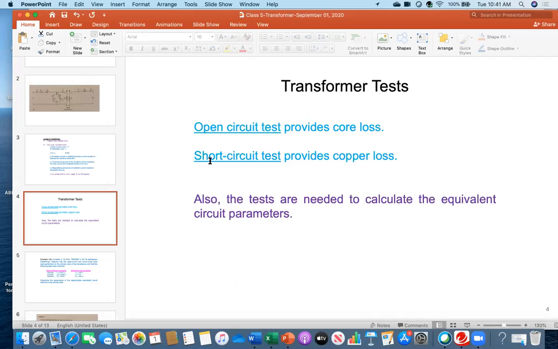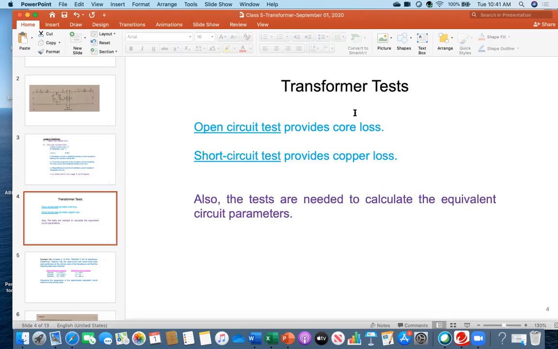Easily you can guess, because in the short circuit test I made the secondary shorted, and short circuit means related to the current. Open circuit means there is no current on the secondary, and it is related to voltage. Therefore, with the open circuit test you will get core loss, which is a constant loss, and with the short circuit test you will get copper loss.